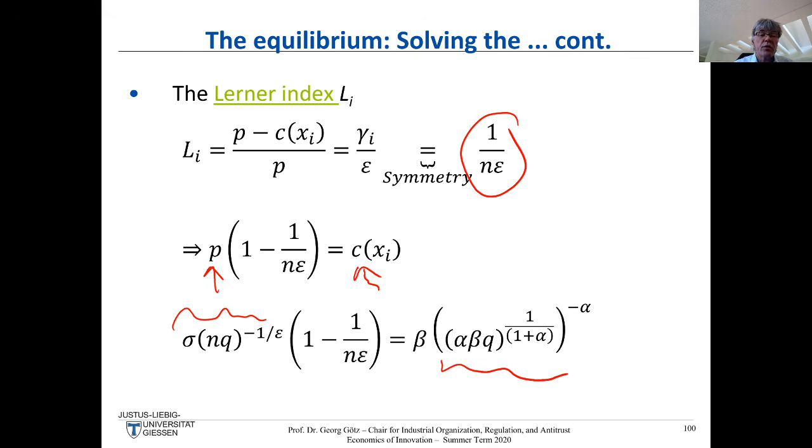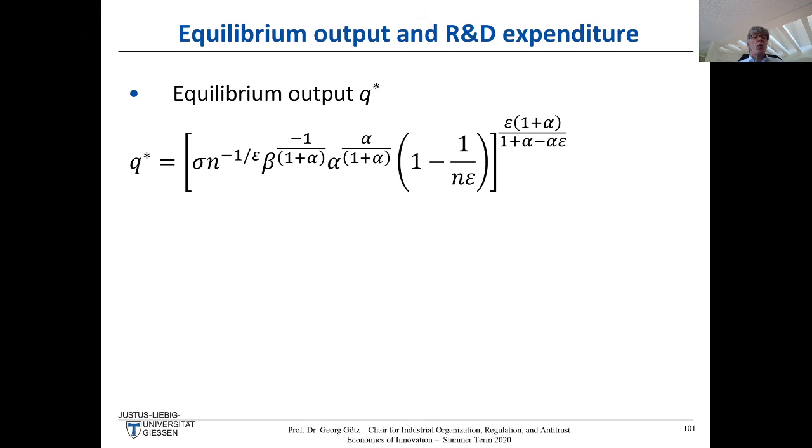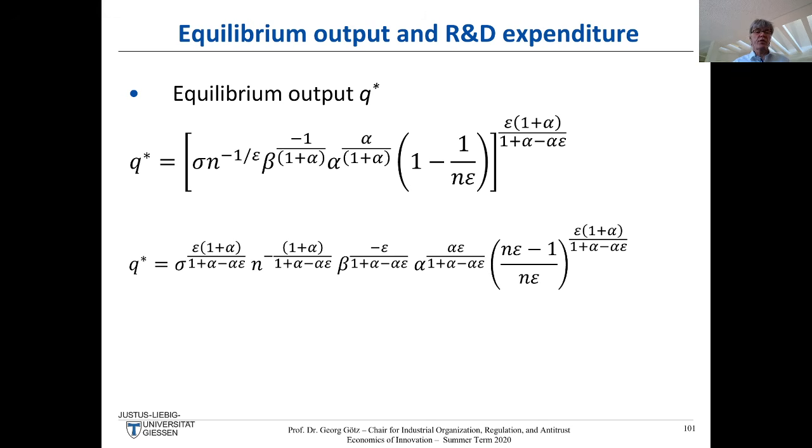And it's tedious, but after some manipulations you get the result, even though this result doesn't look very nice. And do I have a second one? Yes, where I expanded everything. It doesn't look nice, but it gives you many insights, and in a minute I will derive all the conclusions you get from this result.